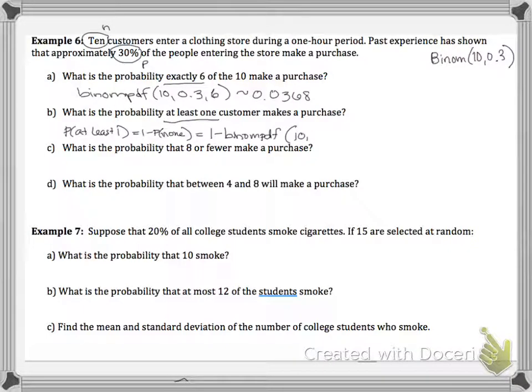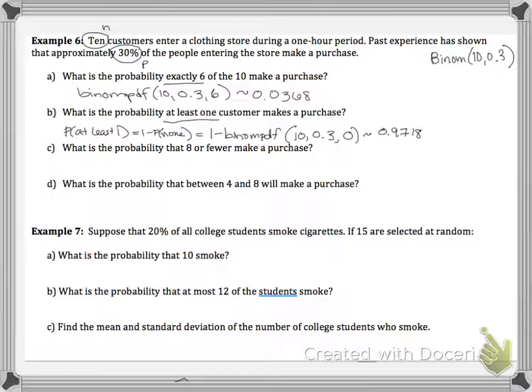So that's 10 people, 0.3 chance they'll buy something, but no successes. And if we do this one, we get 0.9718. And you can actually type this all in 1 minus and then hit second bars, and the binomial PDF will pop up right after the 1 minus. And you should get the same answer as me.